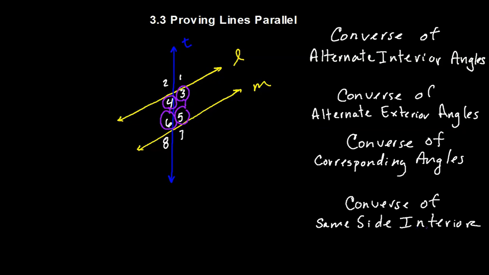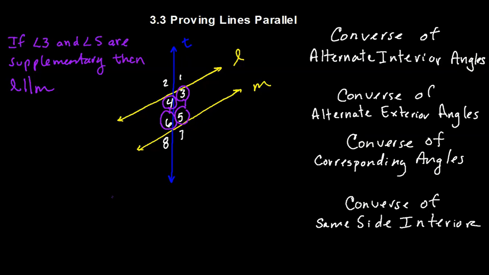They add up to 180. So the statement would say, if angle 3 and angle 5 are supplementary, meaning they add up to 180, then you're going to prove that line L is parallel to line M.